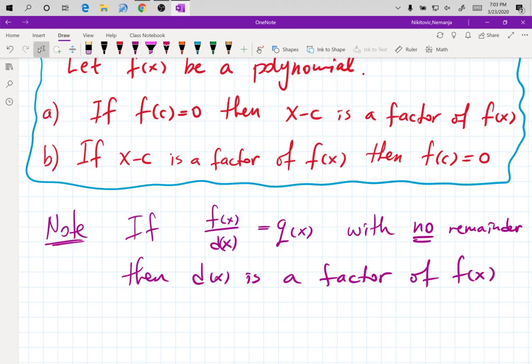So if it divides evenly and there is no remainder.